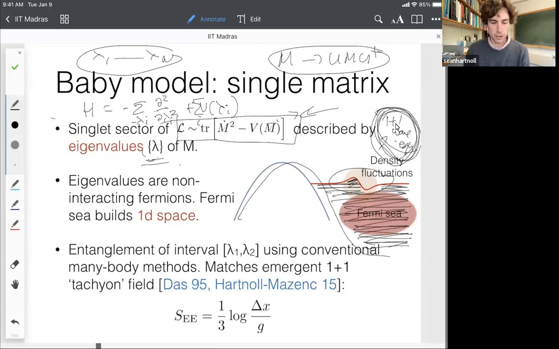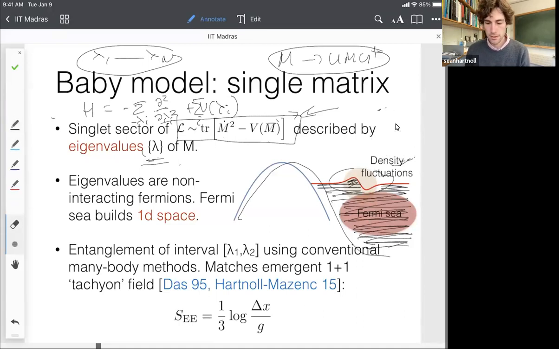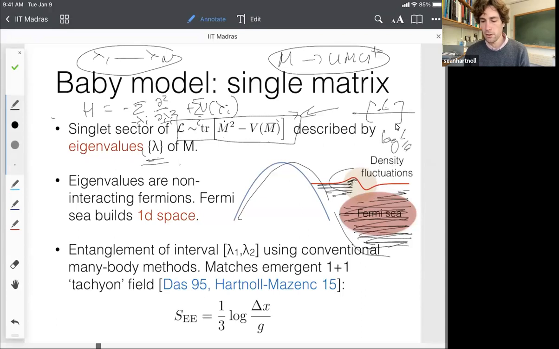If I take a region in 1+1 and I calculate the entanglement of some interval L, I get (1/3) log(L/epsilon). It's the entanglement entropy, and you need some cutoff because the entanglement is logarithmically divergent. There's a lot of entanglement because there's a lot of entangled modes. All the momentum modes are strongly entangled across this cut.